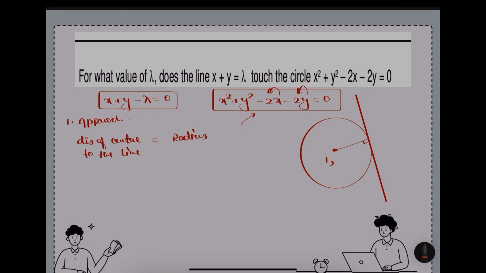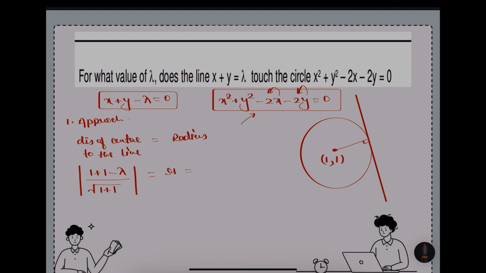Do the same with the y part: divide the coefficient of y by 2 and multiply by minus 1, so this is your center. Now I'll find the distance of this point from the given line: point satisfaction upon root over a square plus b square is equal to the radius.